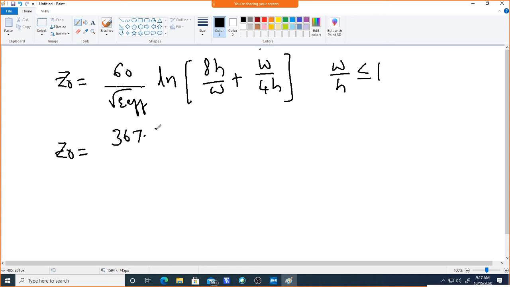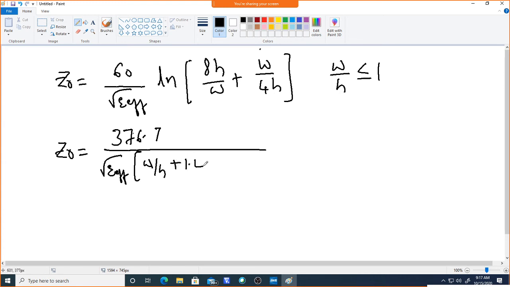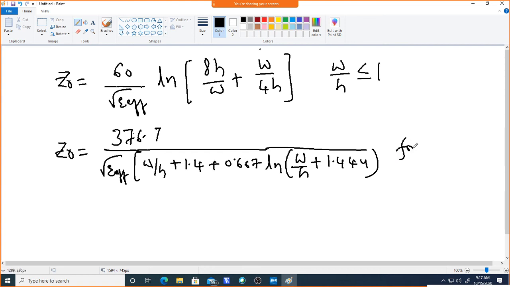Since this is the free space impedance, it is 376.7 divided by root effective epsilon into (w by h plus 1.4 plus 0.667 into ln of (w by h plus 1.444)). So this is the equation for impedance for w by h greater than 1.